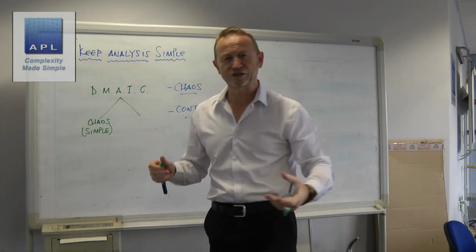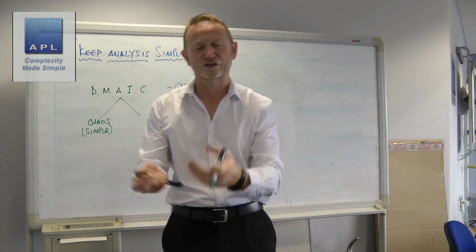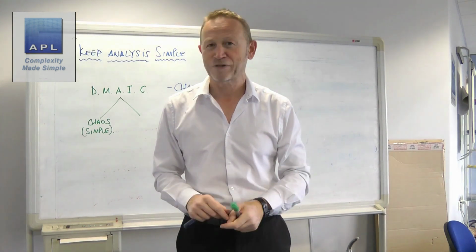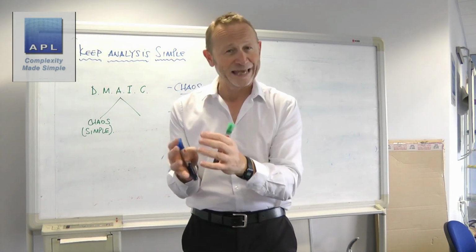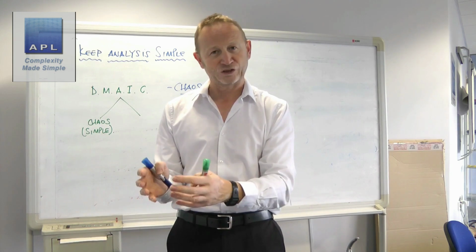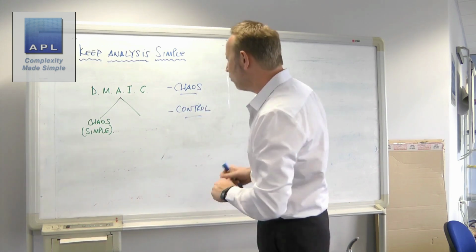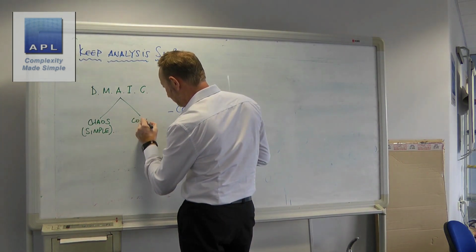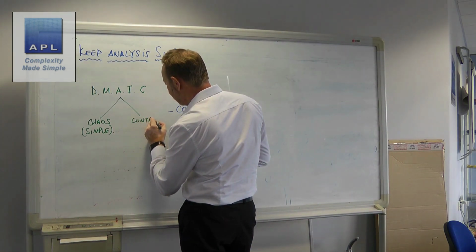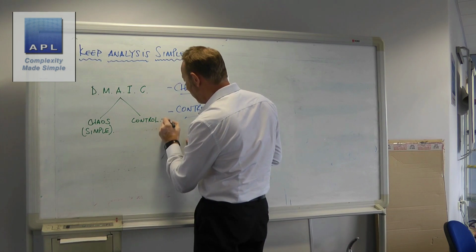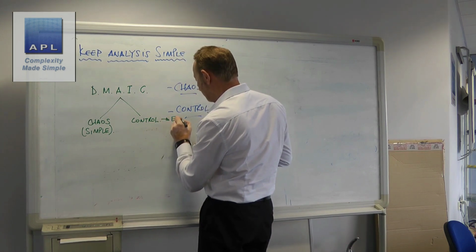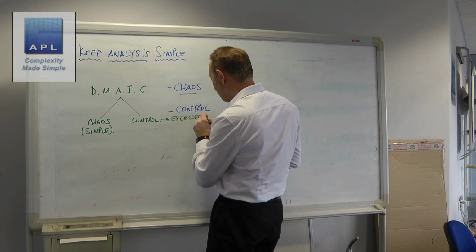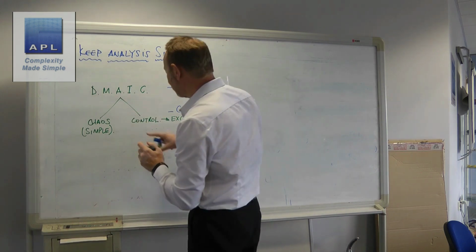We don't need chi-squared, goodness of fit, hypothesis tests, all of this kind of fancy Dan mathematics. Six Sigma gets itself into trouble when it starts doing this. When we are in control, however, and you are trying to take the process to excellence, then what you're doing is you're doing experiments.